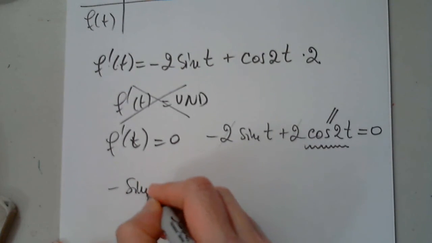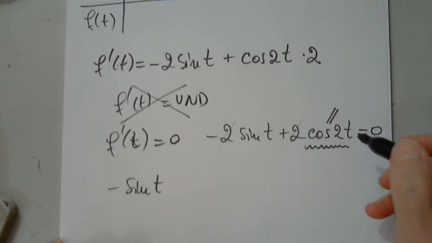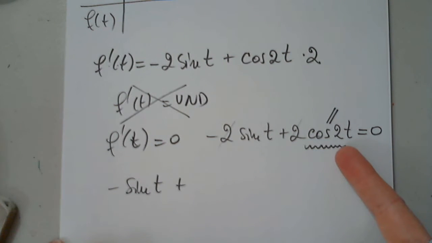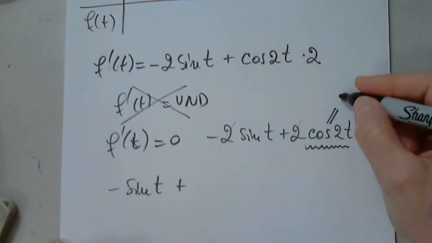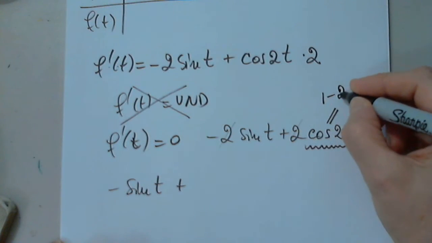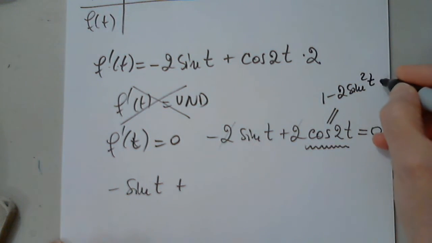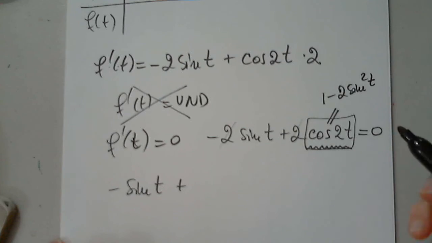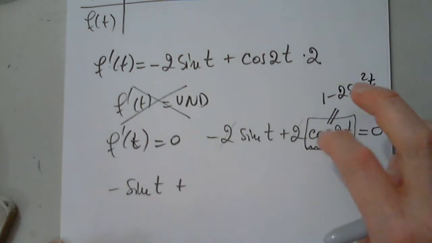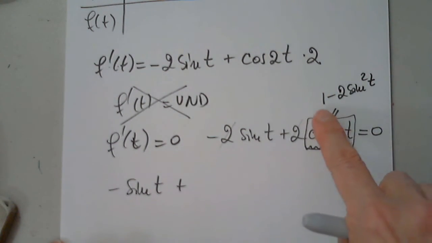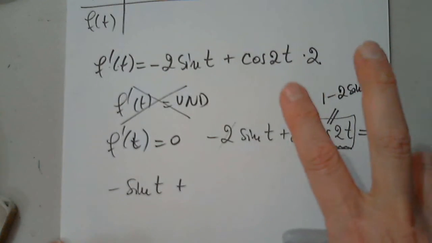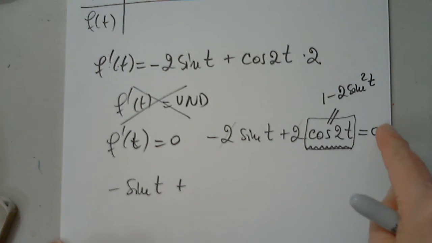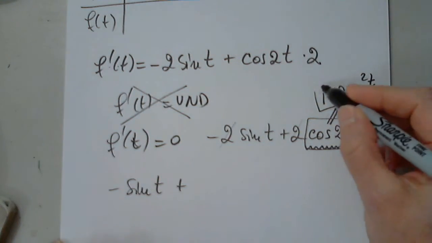So negative sine t. Anyone remembers this in terms of sine? Anyone? 1 minus 2 sine squared t. So the cosine double angle has 3 identities: cosine squared minus sine squared, 1 minus 2 sine squared, or 2 cosine squared minus 1. But we want this specific one.